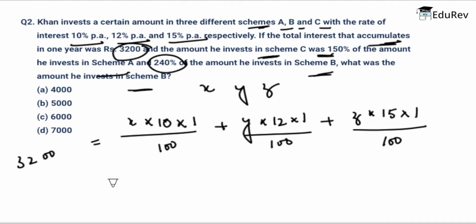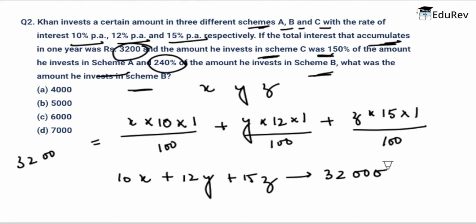Also, 10x plus 12y plus 15z will be equal to 320000.